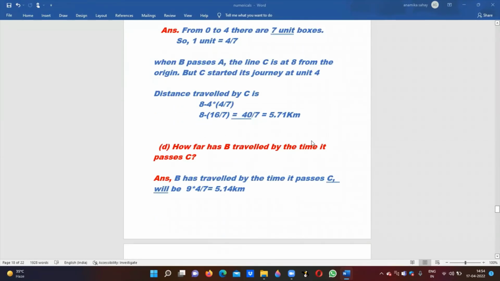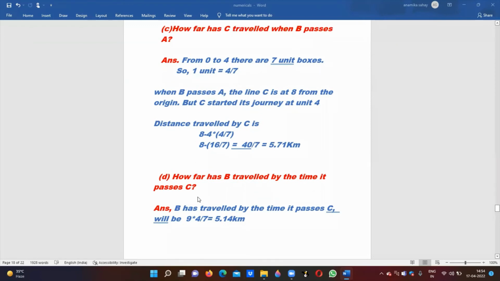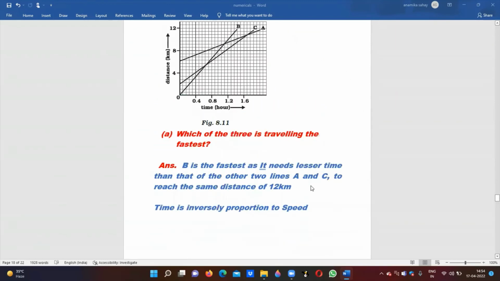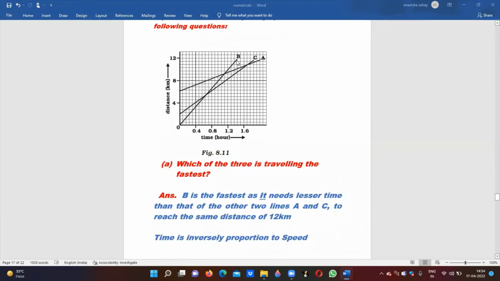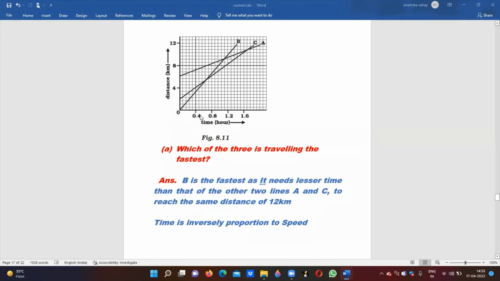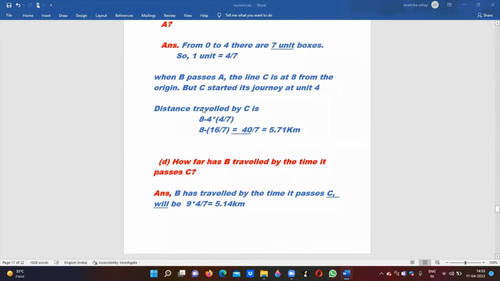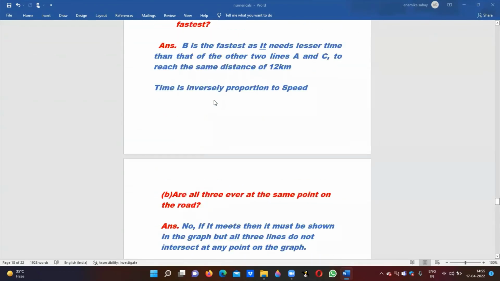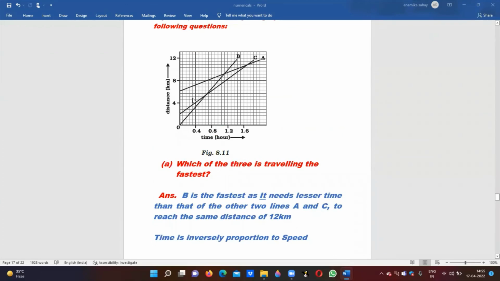How far has B traveled by the time it passes C? When B passes C, we count the distance: 2 more units than 4, that is 9 unit boxes.